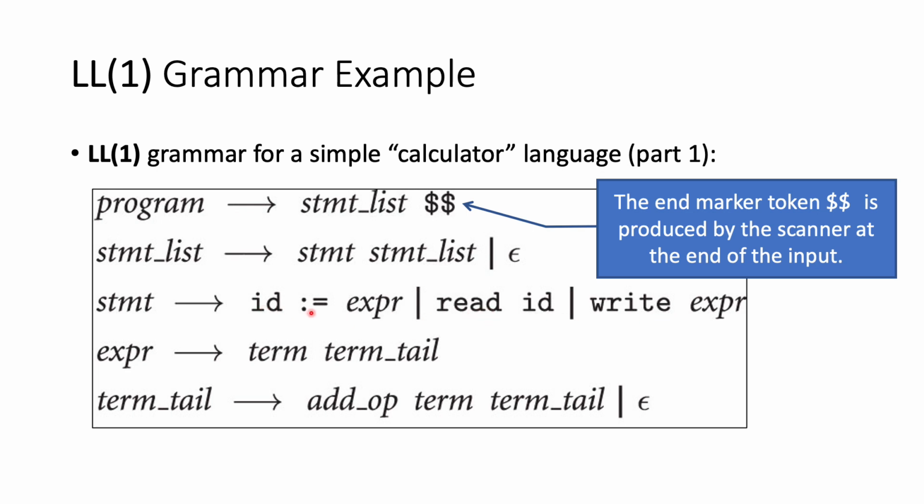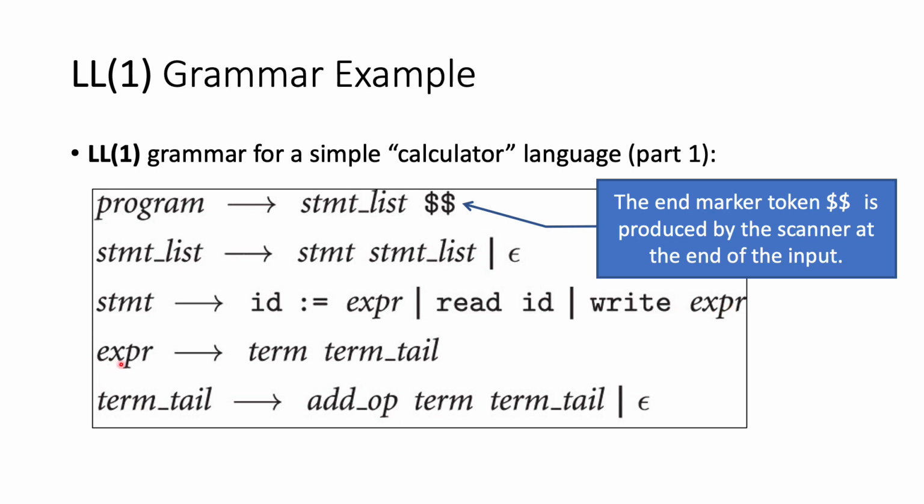The first form is an assignment, which assigns an expression to a named variable. The second form is to read a value into a named variable, which is an identifier. And the third form is to write an expression to the output.